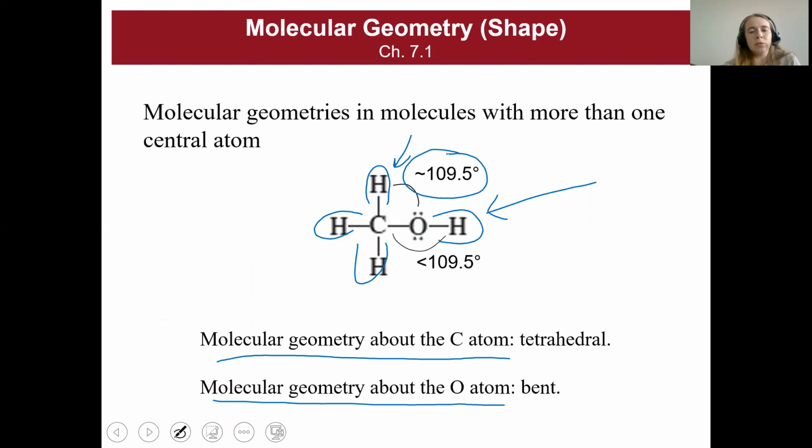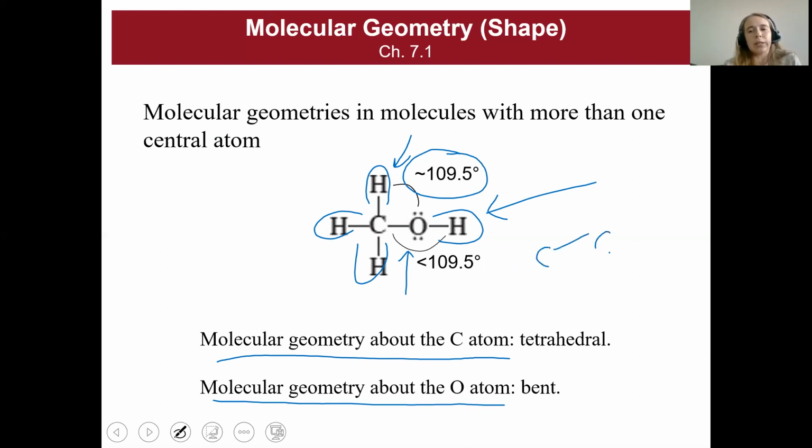It's pretty ideal. Whereas for this oxygen, the bond angle between the carbon-oxygen bond and the oxygen-hydrogen bond is going to be less than 109.5, and we know that because this is actually a bent shape.